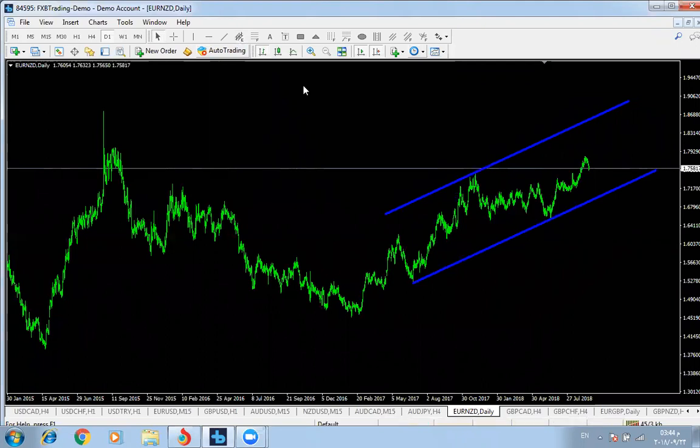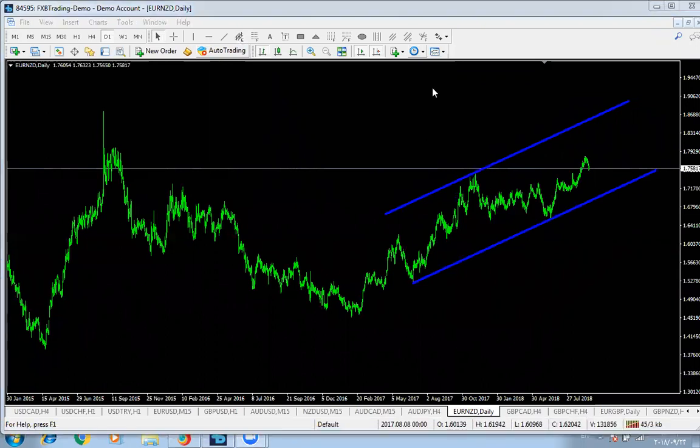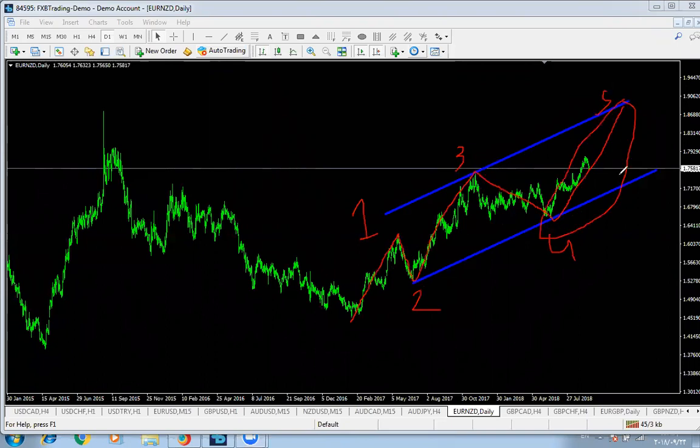As we see from the channel, we have the first wave to the upside, first correction, second wave to the upside, then correction, then the last leg to the upside. And 5. Okay. So our trade should exist at this leg, at this area.